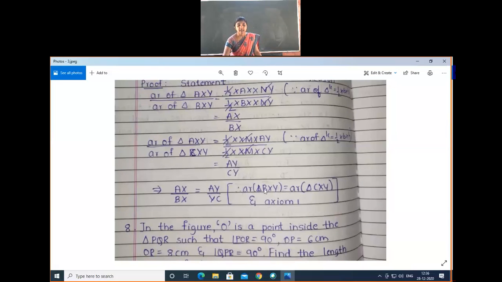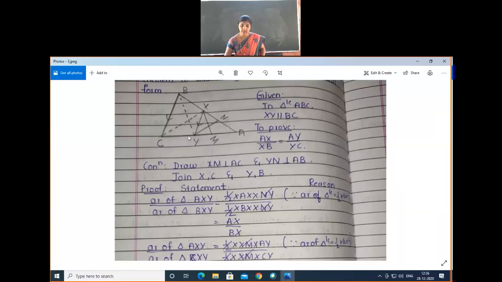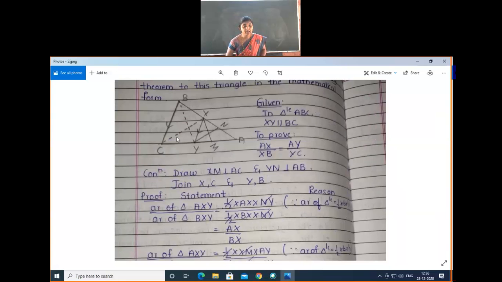So AX by BX is equal to AY by CY. Why? Because area of BXY is equal to area of CXY. I'll explain this with the help of the diagram. Are you all observing the diagram? Remember the 9th standard topic: if two triangles stand on the same base between the same parallels, then their areas are equal.